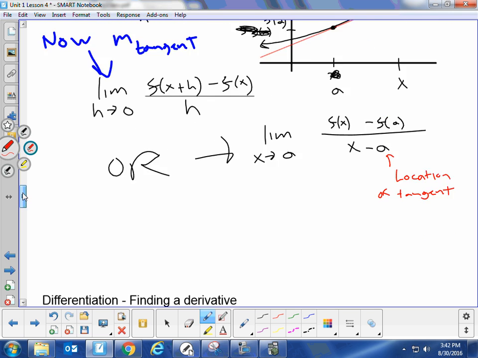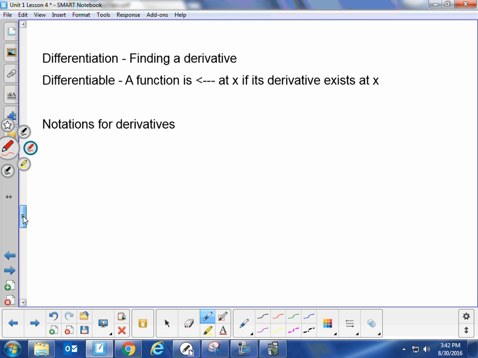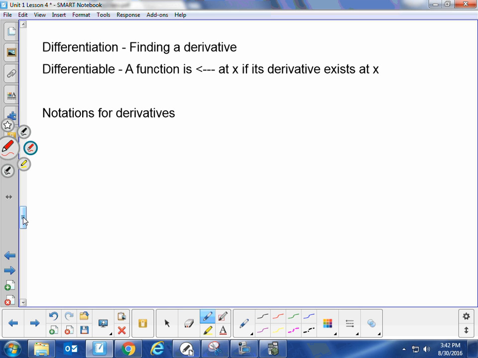Now, this is called a derivative. A derivative is a slope of a tangent. We have notation for derivatives that we will use, and that right there is the definition of a derivative. The definition of derivative is the slope of a tangent, found by taking 2 points and putting them infinitely close together.